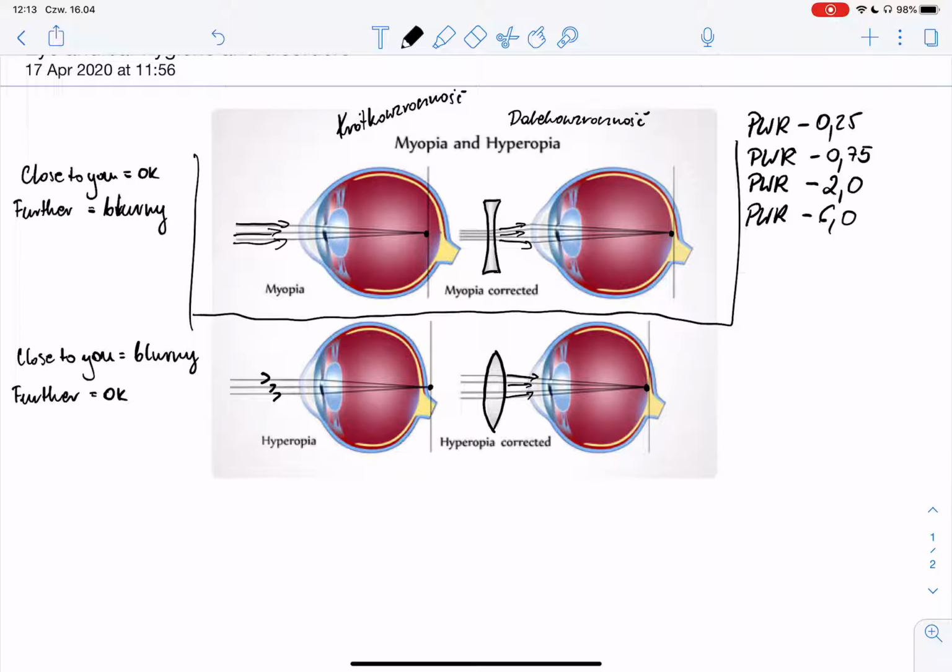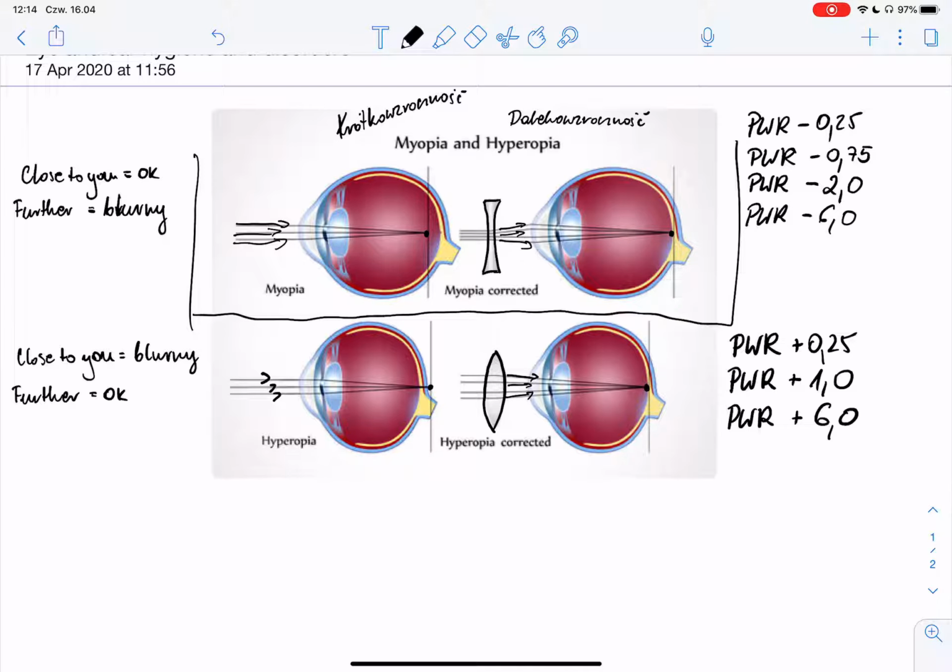And those glasses, their power is measured in positive diopters. And guys, once again, the closer the number is to 0, the smaller your defect of vision is. Basically, if you have power plus 6 diopters, that means you are not capable of functioning without the glasses on.